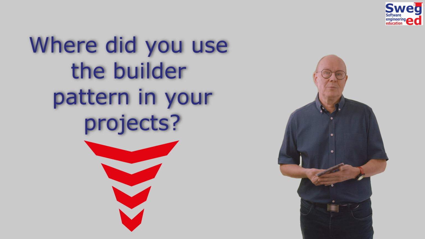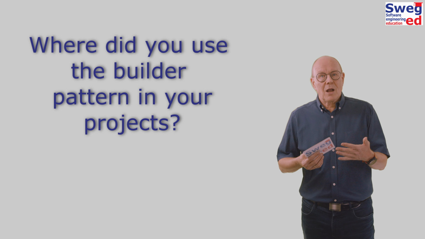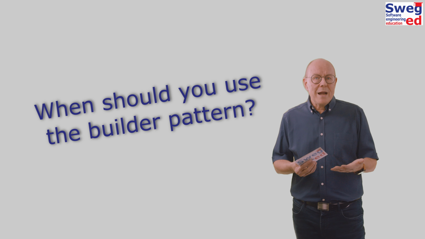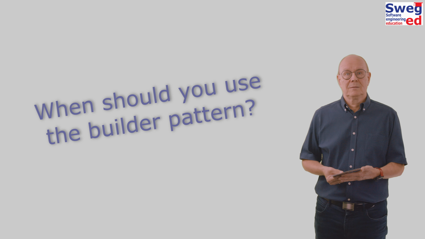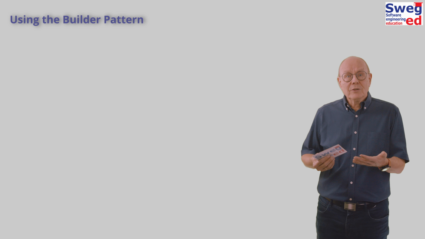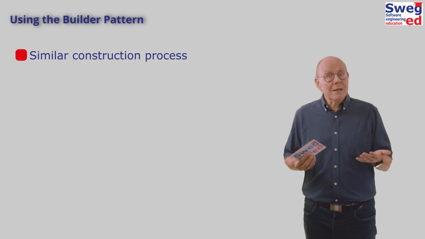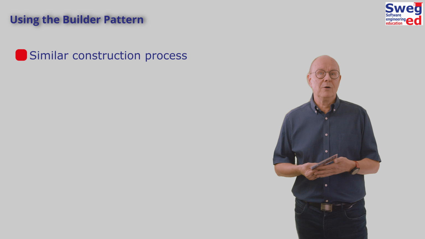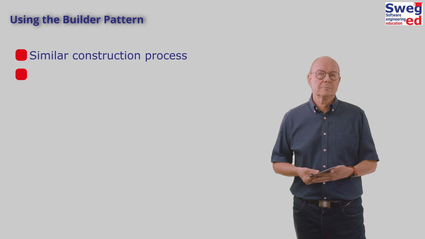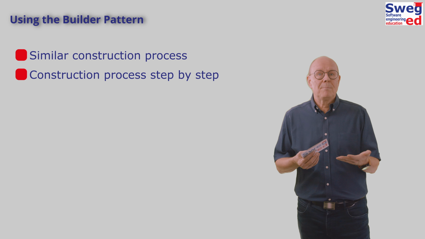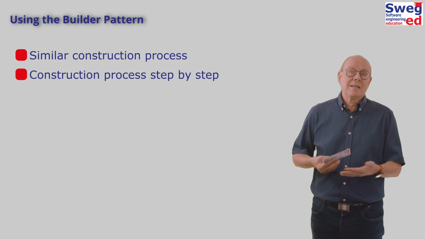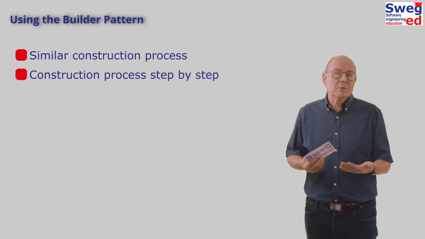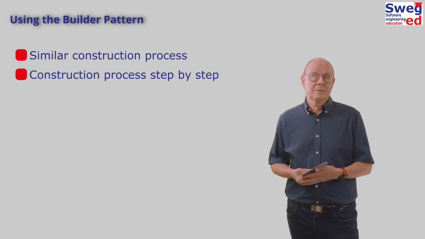The question that must be asked for all patterns is, when should you use the builder pattern? First, when you must build similar but slightly different objects, like the addresses in our example. When you need step-by-step construction, the steps can then be implemented individually and errors can be addressed very specifically.